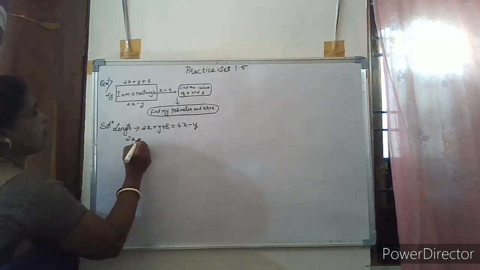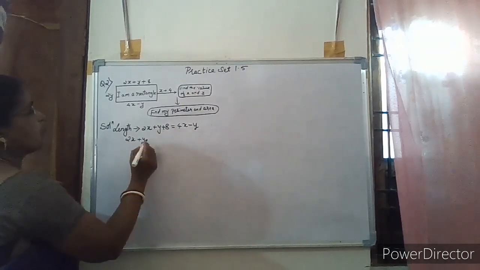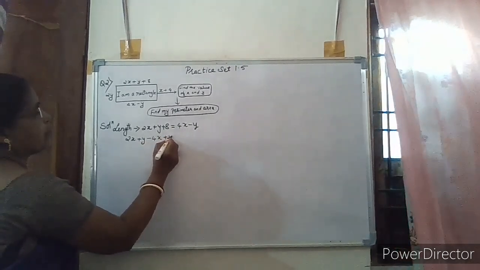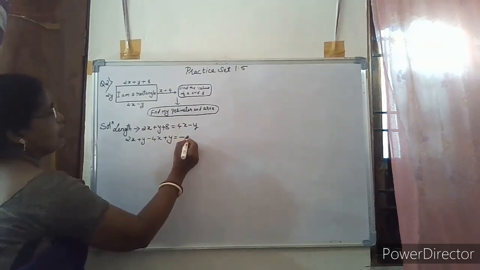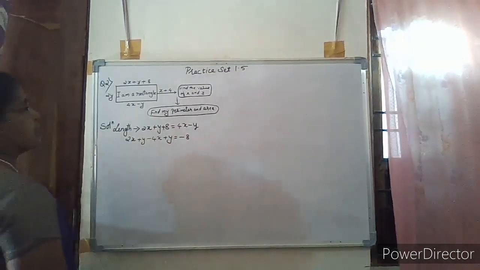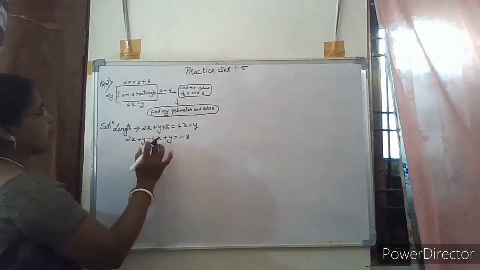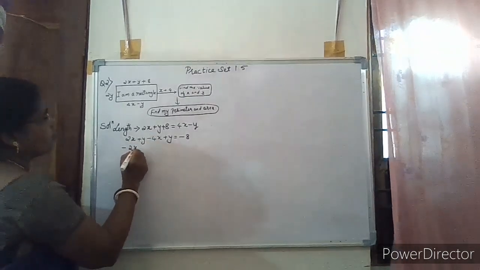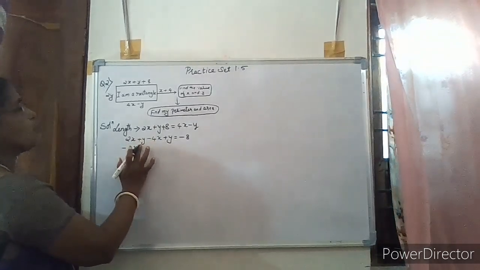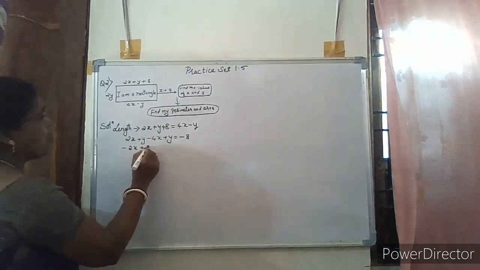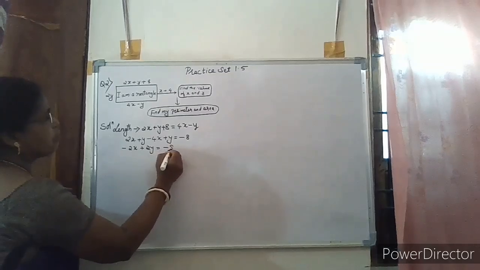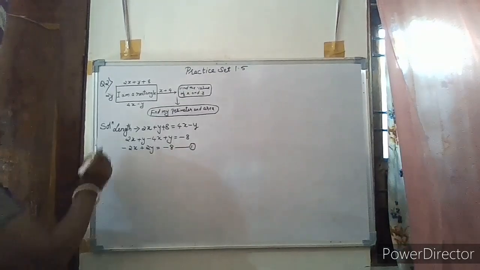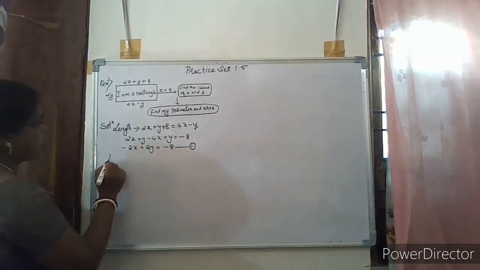The terms 2x plus y, if you bring them here, become minus 4x and minus y, and the 8 goes to the other side as minus 8. Solving similar terms, I get 2x minus 4x as minus 2x, and y plus y as plus 2y, equal to minus 8. This is equation 1. Then let us go with the breadth.